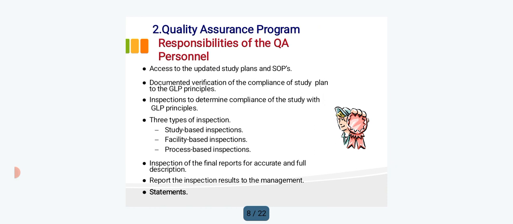It is the responsibility of the QA personnel to assess the updated study plan and SOP, and document verification of the conformity of the study plan to the GLP principles, with inspections to determine the compliance of the studies with the GLP principles. There are three types of inspections: study based inspection, facility based inspection, and process based inspection.